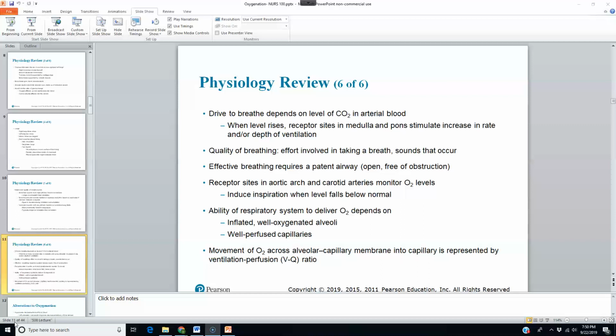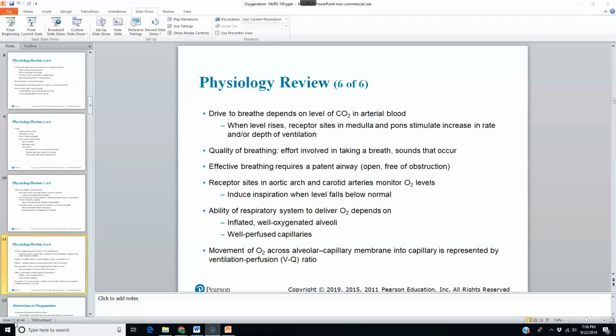An example of that would be someone who has a pulmonary embolus, or a blood clot in their lung. That VQ ratio is definitely going to be impaired, okay? So we're just looking right now at the normal, but you have to understand that.